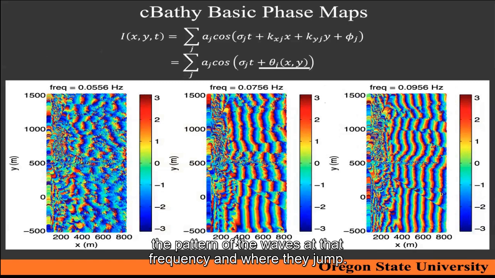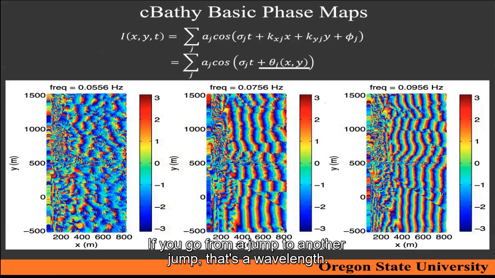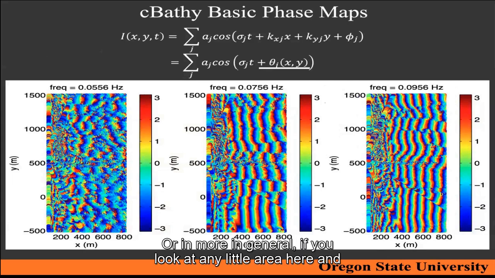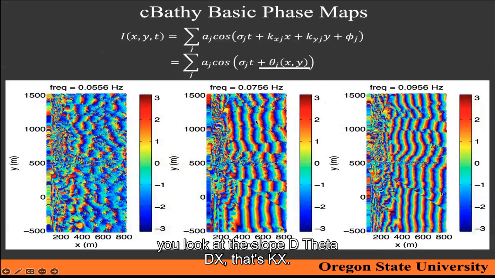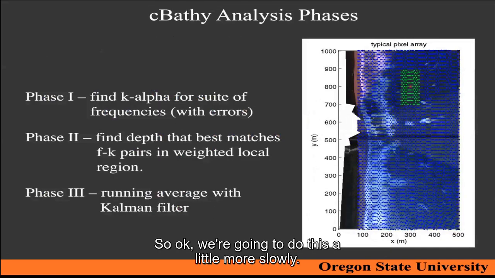And where they jump, if you go from one jump to another jump, that's a wavelength. Or more generally, if you look at any little area here and you look at the slope, d theta dx, that's kx. So, okay, we're going to do this a little more slowly.